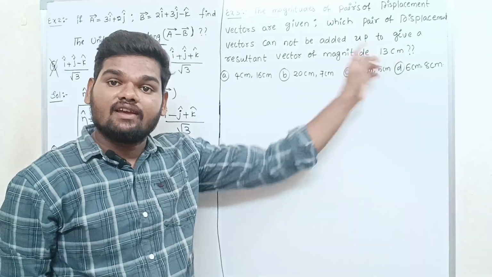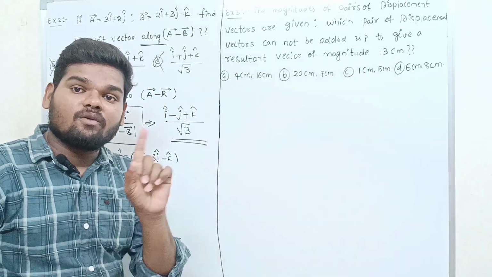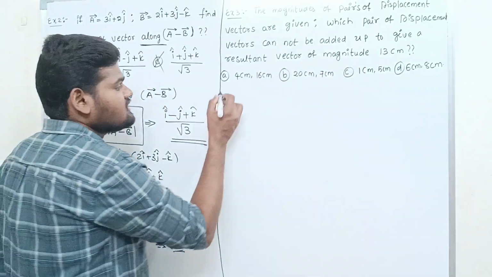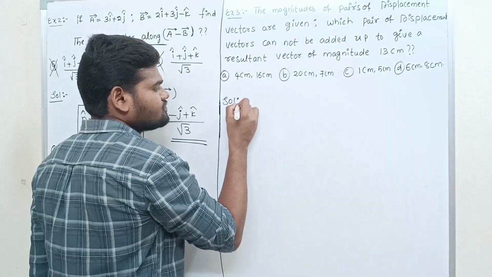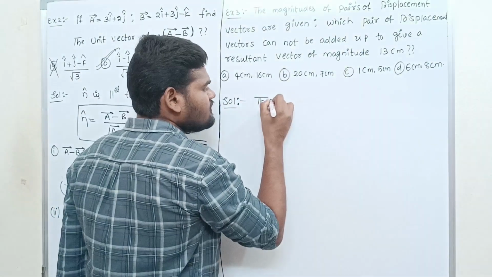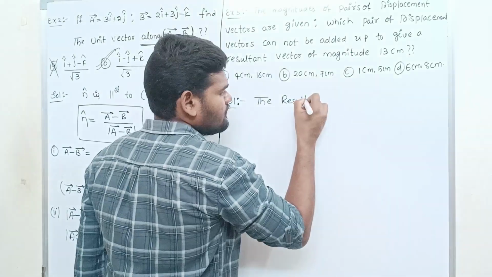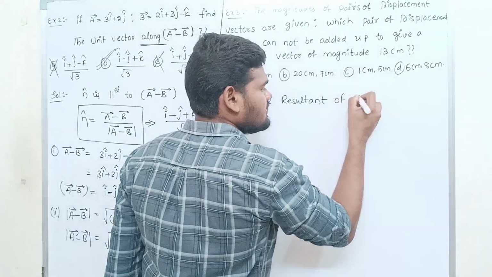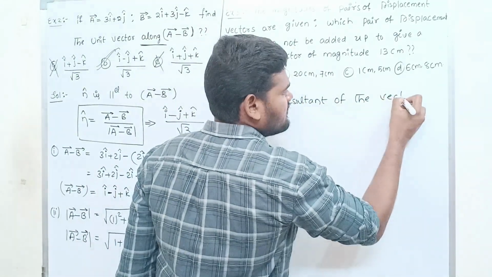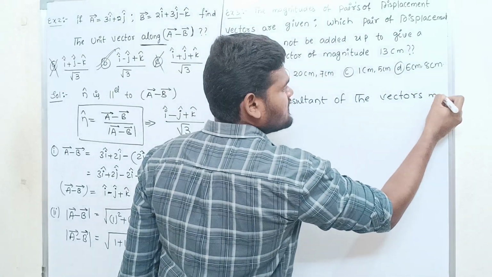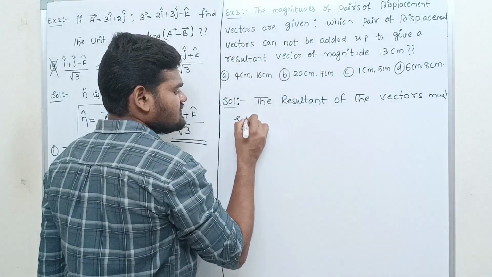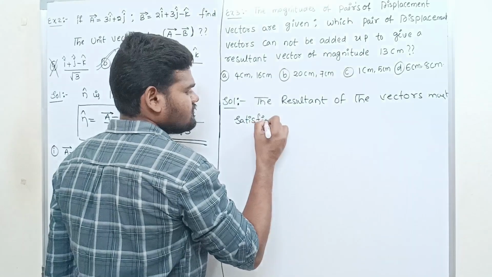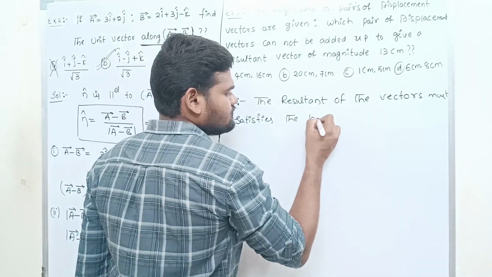Okay. So to solve this problem, we have one condition. Have a look. Solution. The resultant of the two vectors must satisfy the below condition.